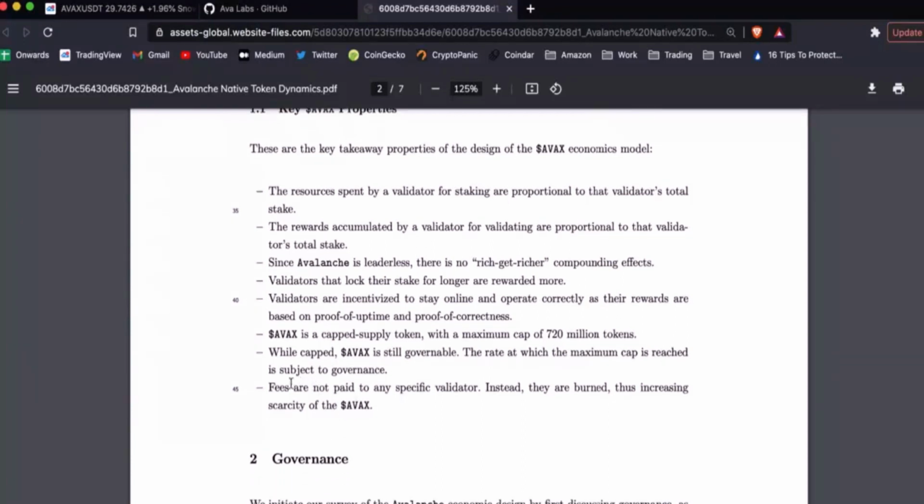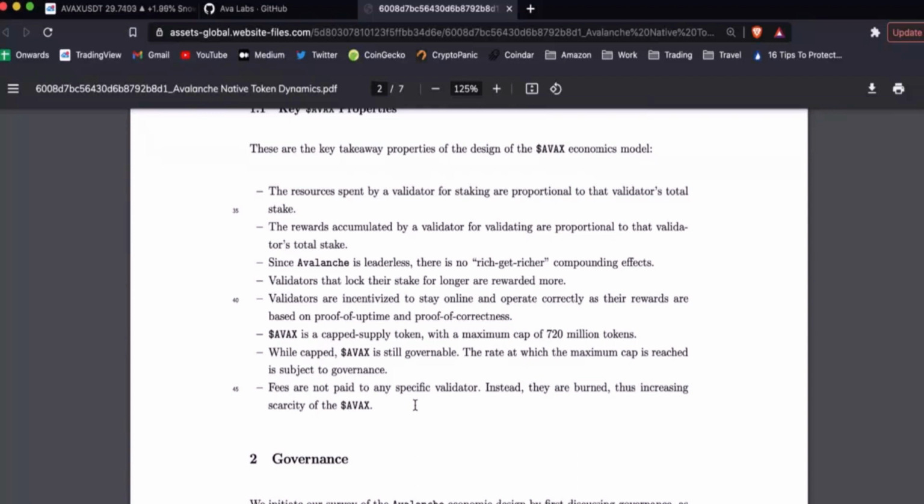And then again, there might be another thing, which is burning mechanisms, right? Fees are not paid to any specific validator. Instead, they are burned, thus increasing scarcity of AVAX. So not only is it a capped supply, which makes it scarce, they also burn fees. Fees are paid in AVAX on the Avalanche blockchain, as we saw, and these fees are burned.